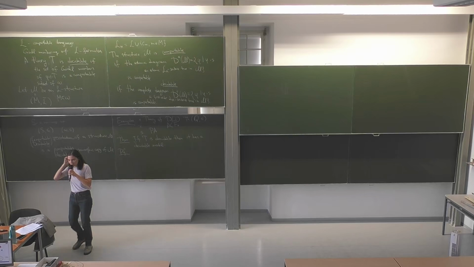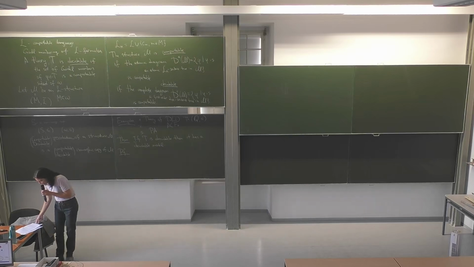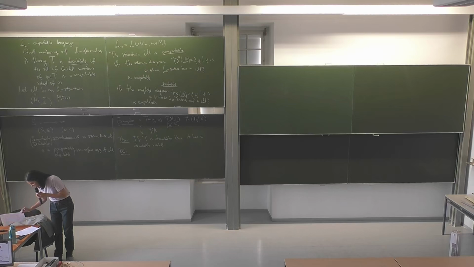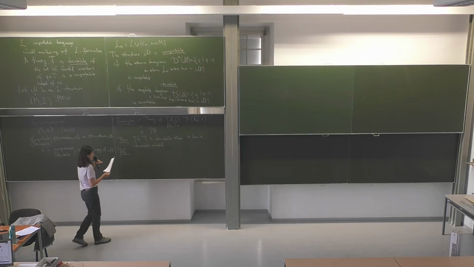So let's see, maybe we will do just a sketch of this one proof, just so that you know what I'm talking about, and the next proofs I will pretty much hand wave. Well, I will even hand wave here mostly.